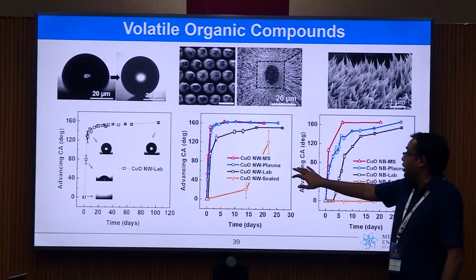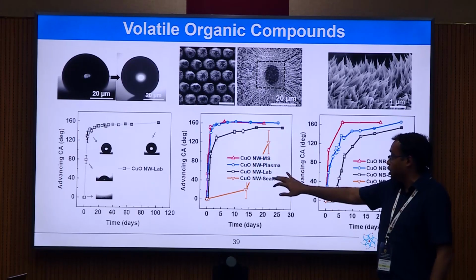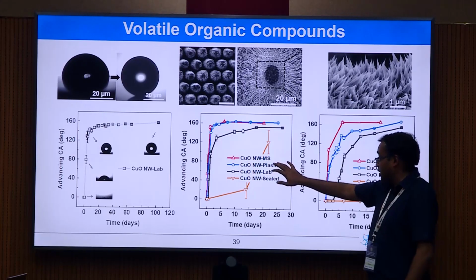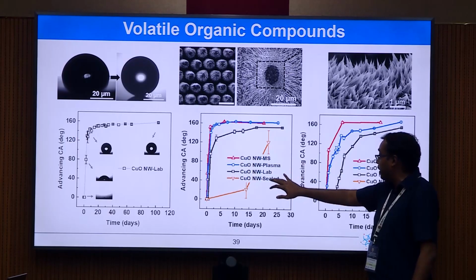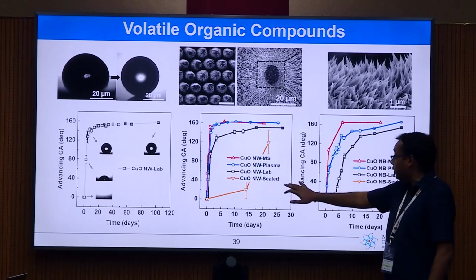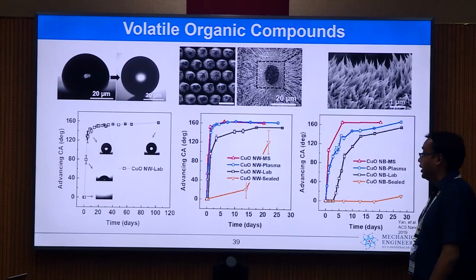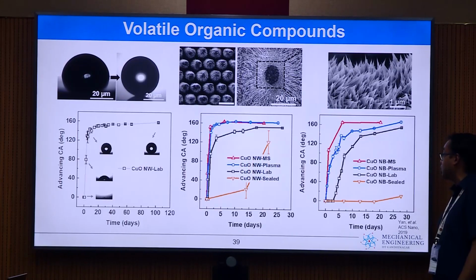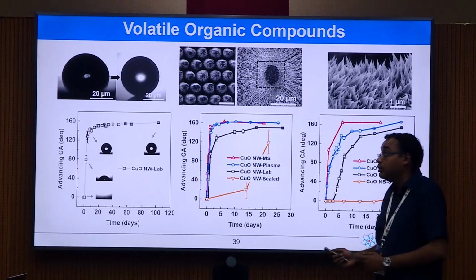What you can see over here are the different conditions: plasma clean, lab environment, and a sealed environment. What we find is that it is basically a function of the adsorption of these molecules.